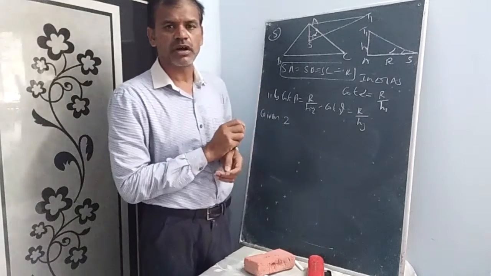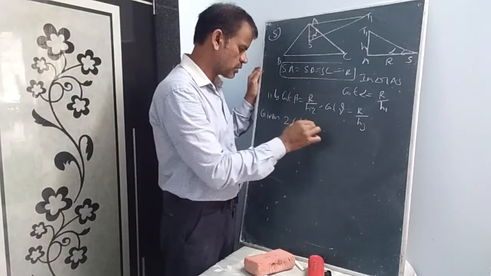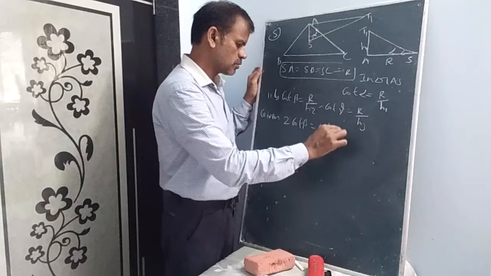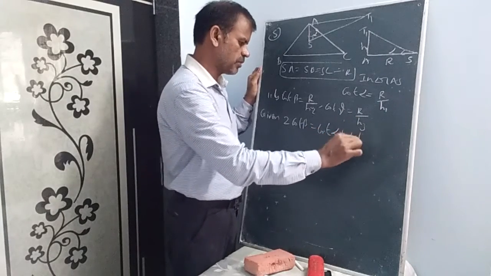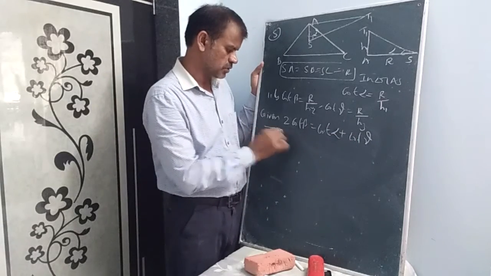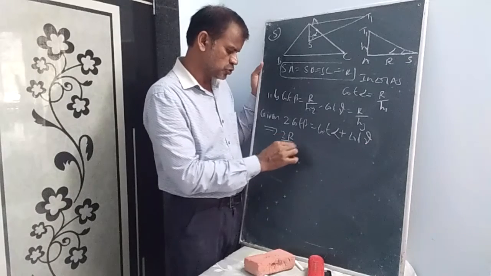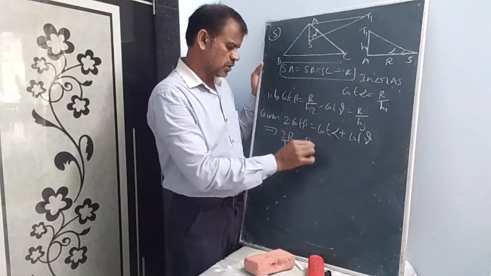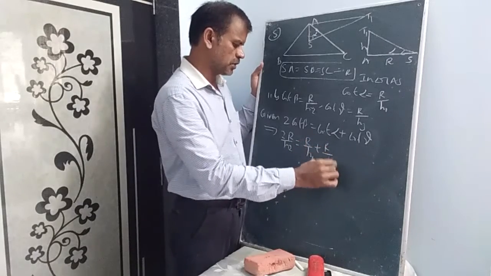The given condition is cot alpha, cot beta, cot gamma are in AP. So 2 cot beta equals cot alpha plus cot gamma, using the AP condition 2b equals a plus c. So 2R by H2 equals R by H1 plus R by H3.